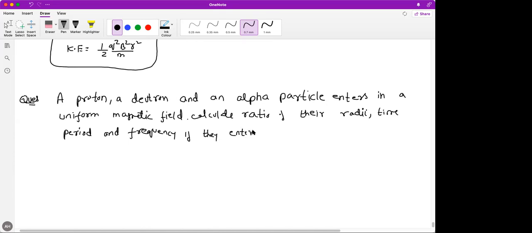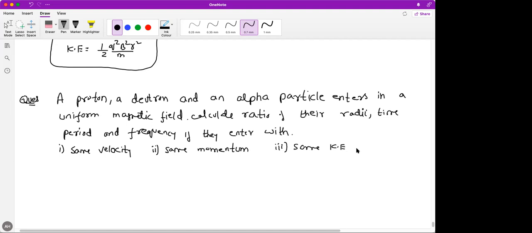if they enter with, first part, same velocity, second, same momentum, third, same kinetic energy, fourth, accelerated through same potential.